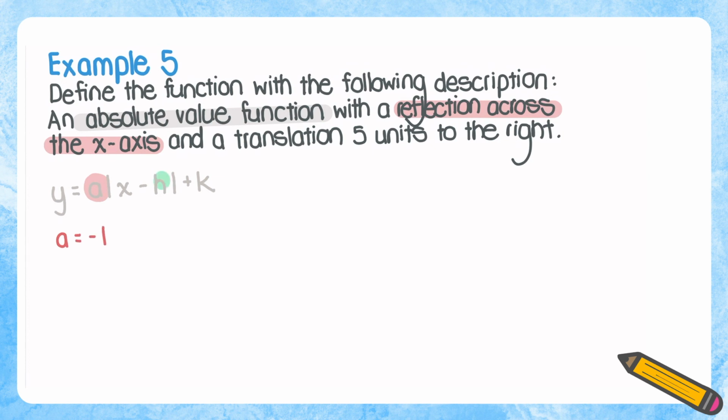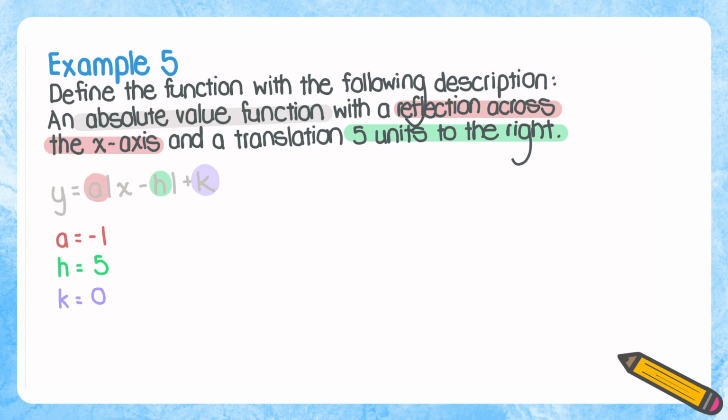For h, we're told that we have to translate 5 units to the right. So h is going to equal positive 5. h equals 5. For k, there's no vertical translation here. We don't go up or down, so k is simply equal to 0.